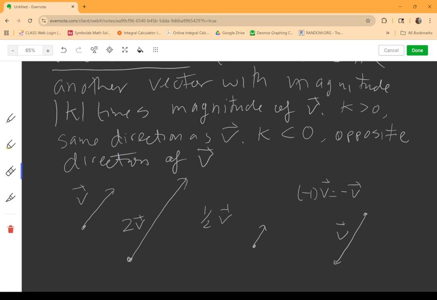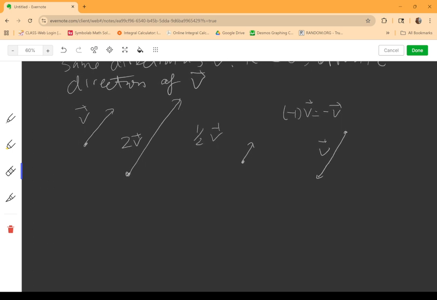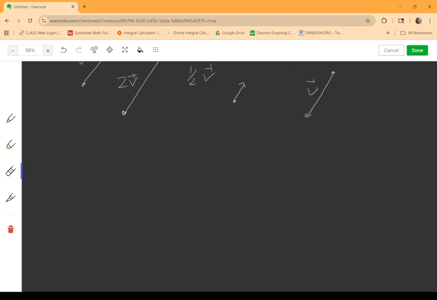Okay. All right, so that is how we're going to define scalar multiplication, geometrically at least. When we talk about components in our xy plane, we'll take a look at what that looks like. But for now, that's what we have.